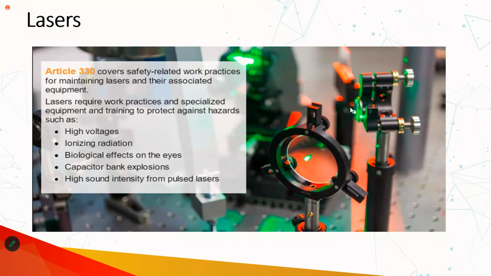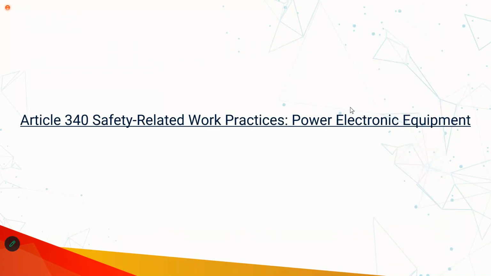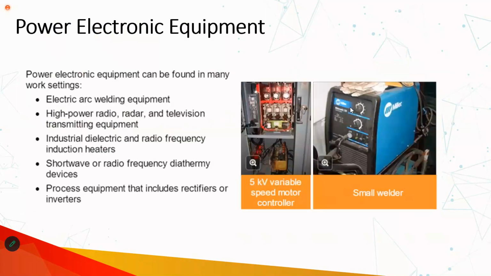For power electronic equipment, there are different types being used in our industries. We might be using power electronic equipment in our building or plant, or in VFDs, for example, or in inverters and converters as well.